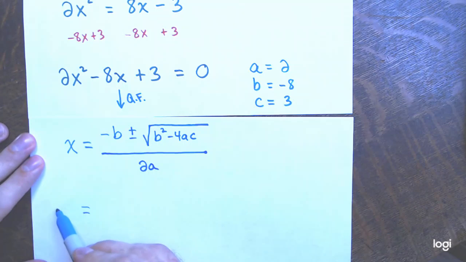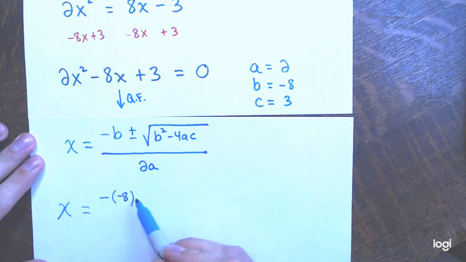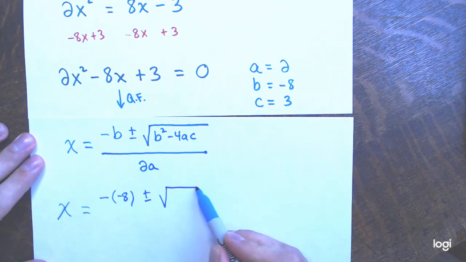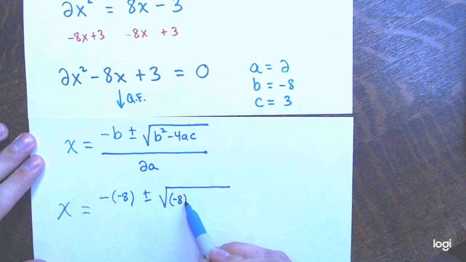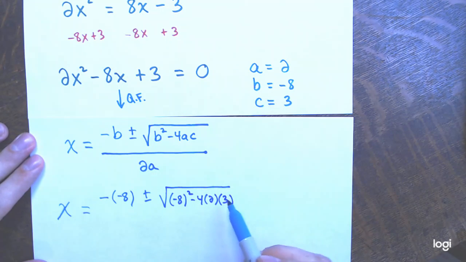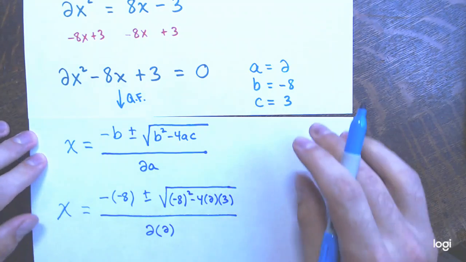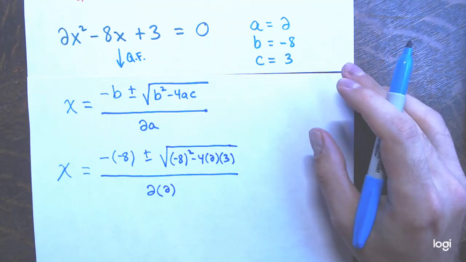And we're getting x equals the opposite of negative 8 plus or minus the square root of negative 8 squared minus 4 times 2 times 3, all under the root, and then all of that divided by the denominator of 2 times a, or 2 times 2. Now we simplify.